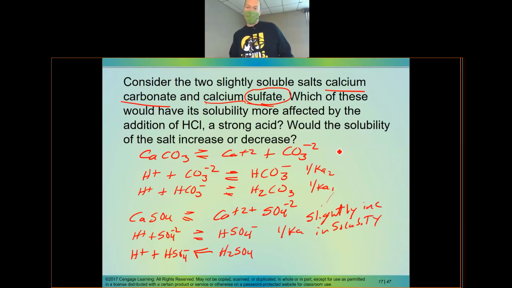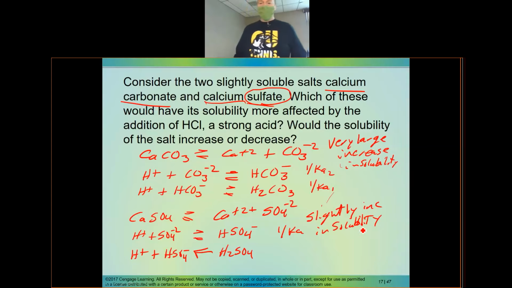All right, this other one is going to have a very large increase in solubility. So you have to look at your acids. These are much, much, much weaker acids than these two acids, and so the weaker acid will always have a larger increase in solubility.